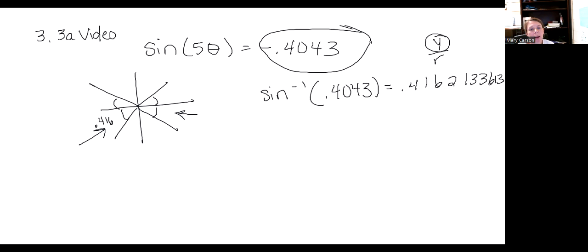So when you think about it, you're going to go from here to get this angle. So what you need to do now is add pi to this angle. So we would do pi plus that number there.